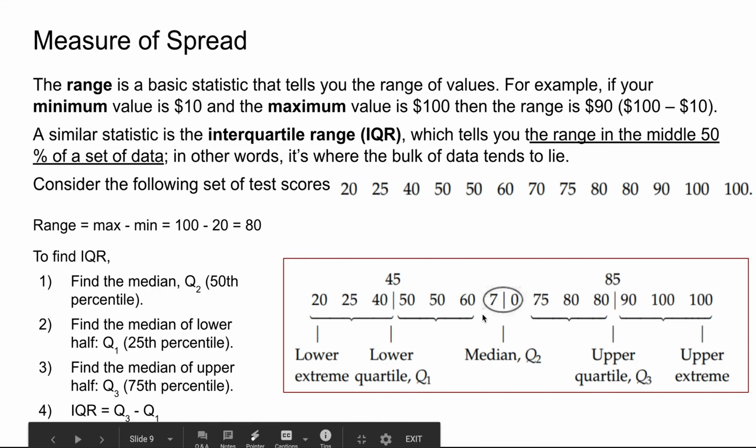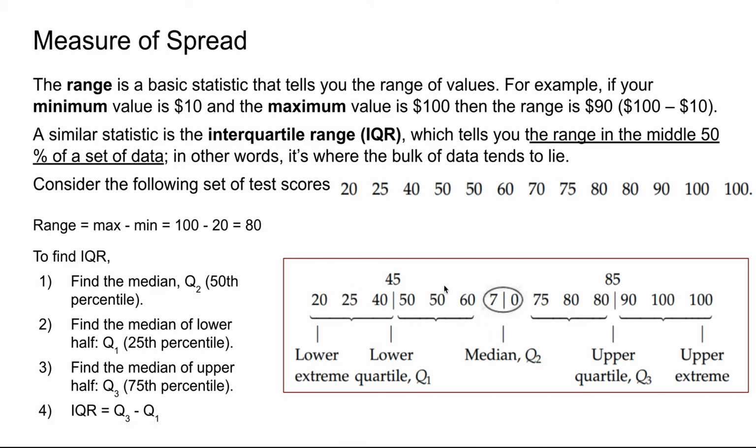You're gonna find the median of the lower half. Among the lower half, there are 6 different values. Because you have an even number of values, you can find what is in the middle as the average of these two values. So the average of 40 and 50 is 45. That is the lower quartile, Q1.